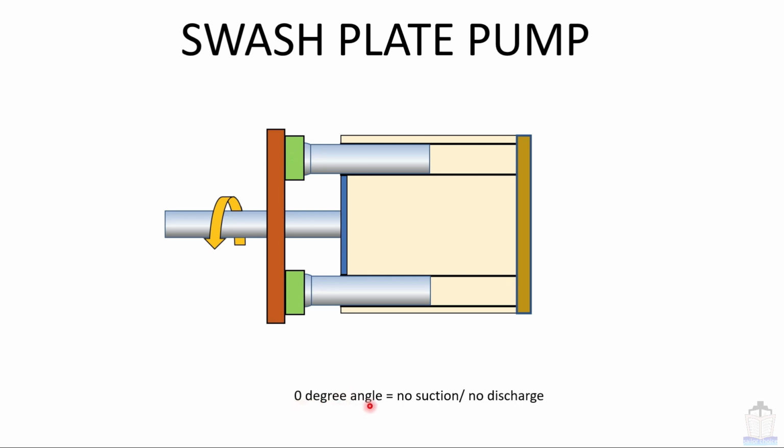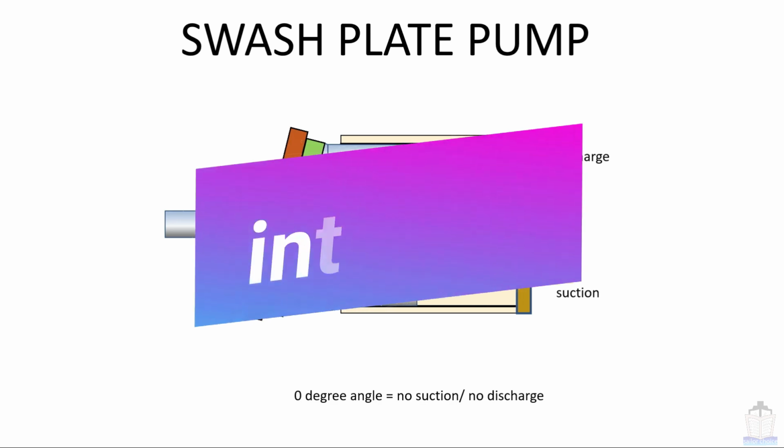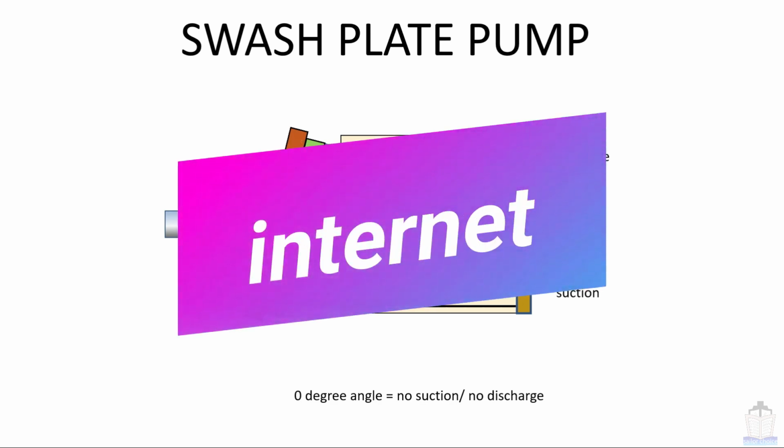Here at 0 degree angle, no suction, no discharge, and when it moves, then this small area will become discharge and the large area will become suction, and obviously this whole system rotates. So this is how the swash plate pump works. If you want to know details about the swash plate pump, you can always have a look on the internet.